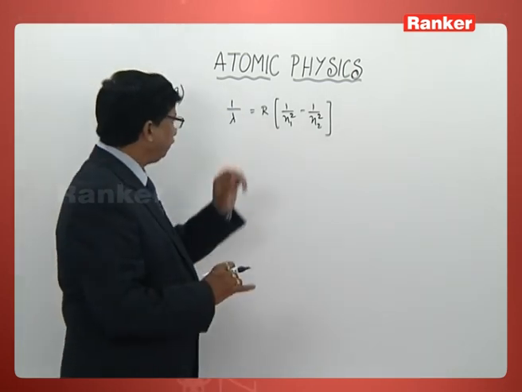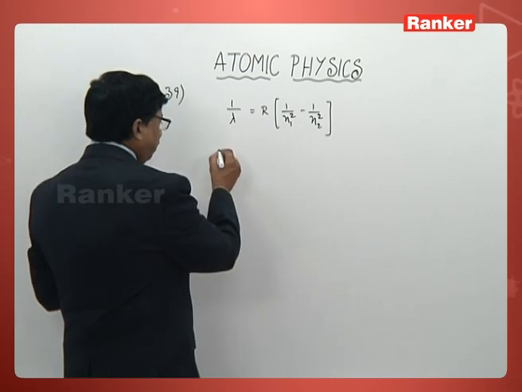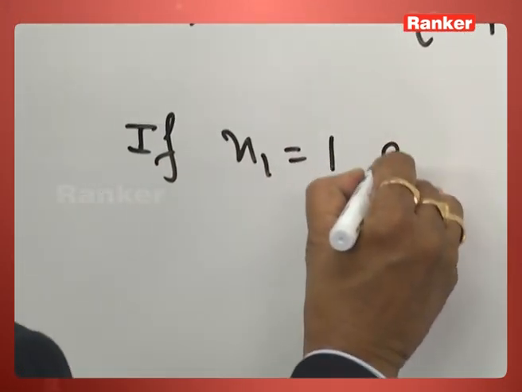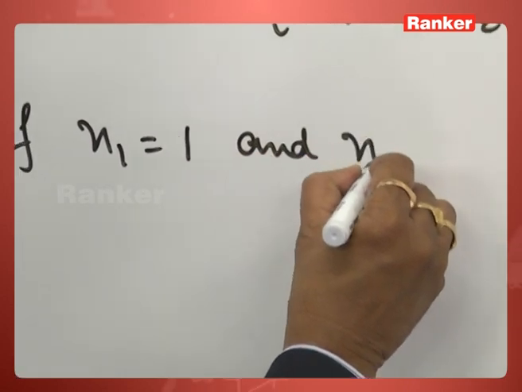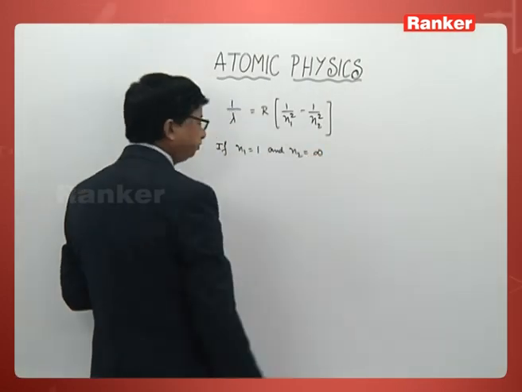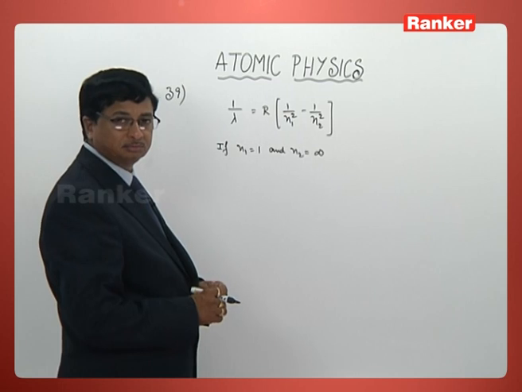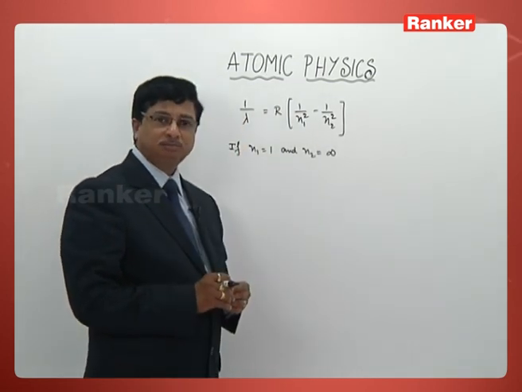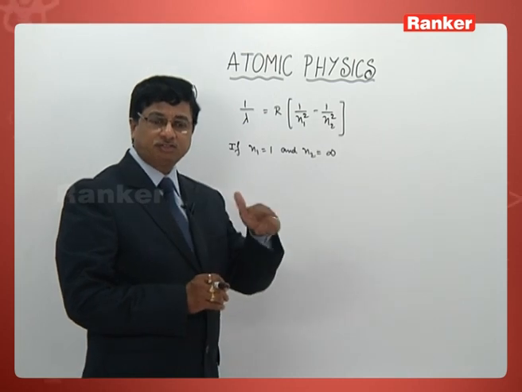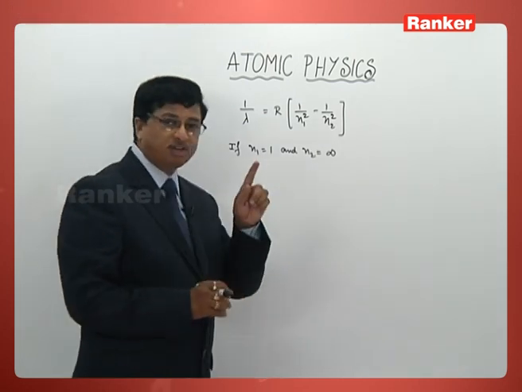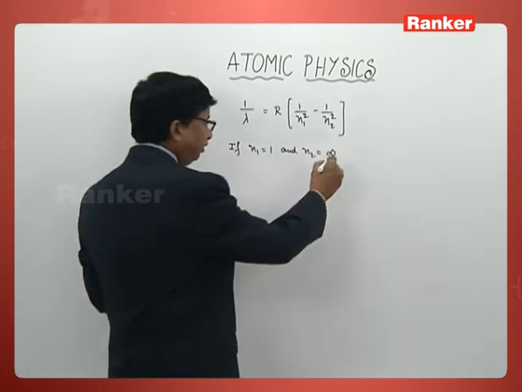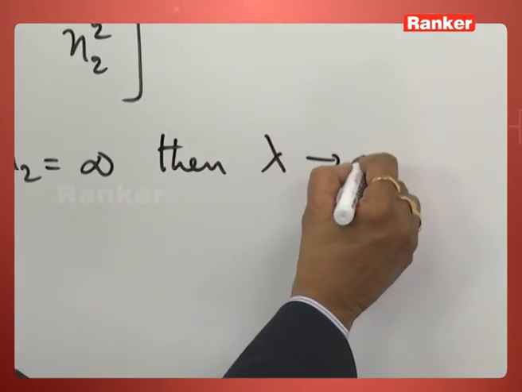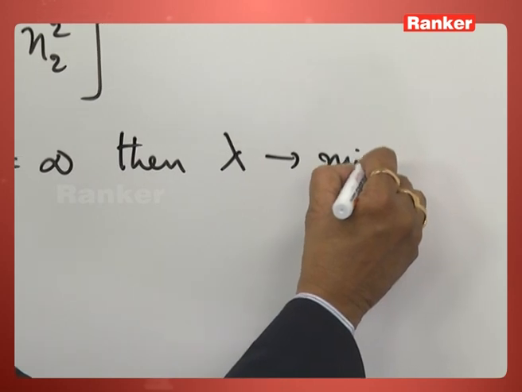So if you look at this equation, if N1 is equal to 1 and N2 is equal to infinity, from the last shell that is possible, if the transition is taking place right into the first shell, then wavelength will be minimum.